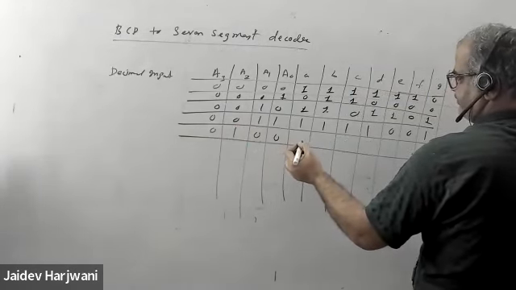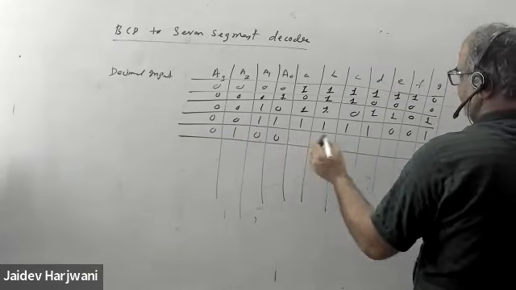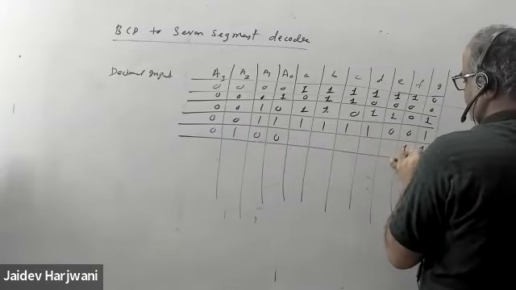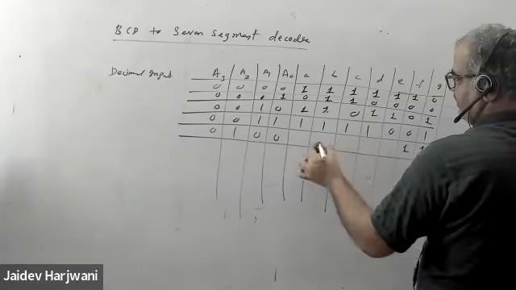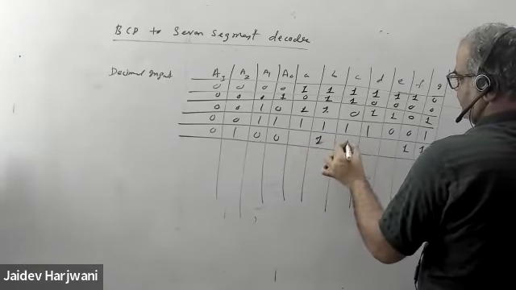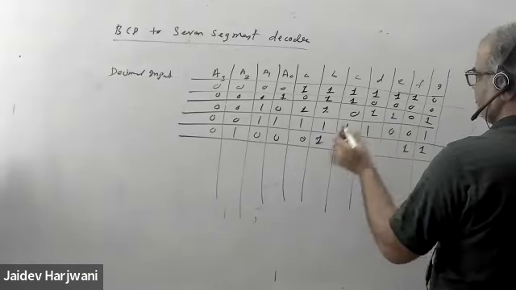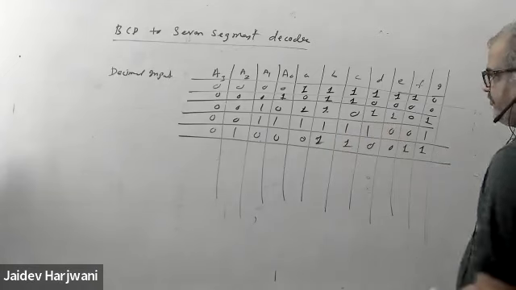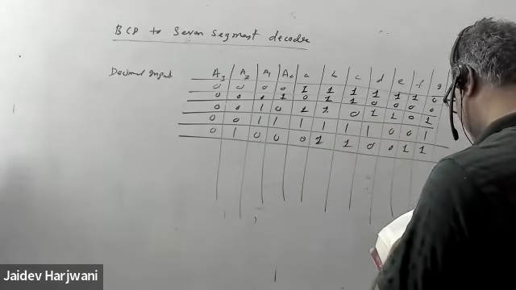For 4, F, G, B, C. So 4 means you have B, C, F, G. Very good.